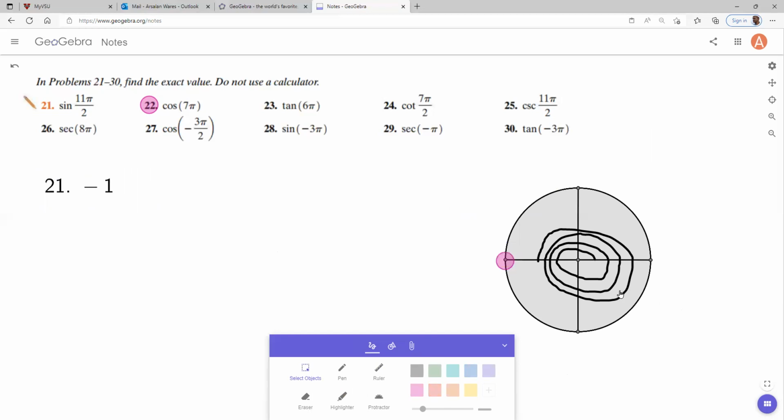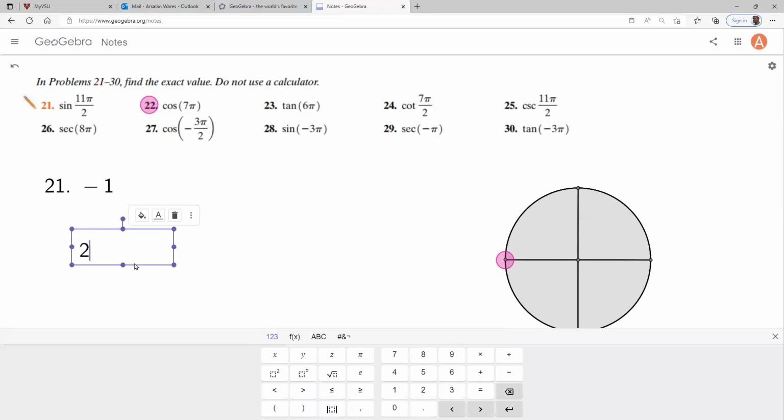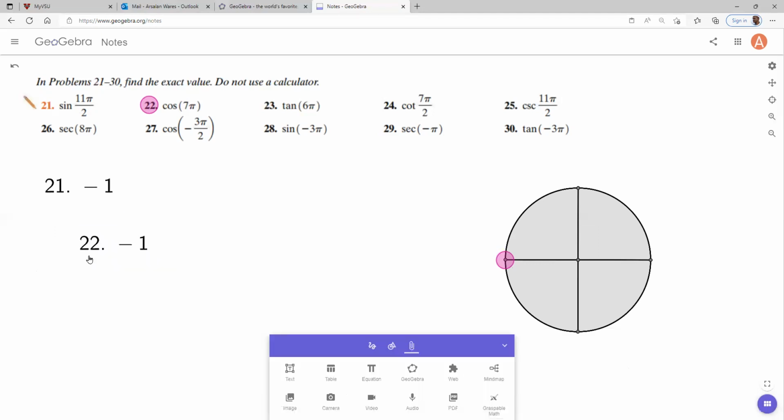Now, at this point here, what is the x coordinate? That's also -1. So I'm going to write -1 as my answer to 22 as well. We're done with 21, 22.